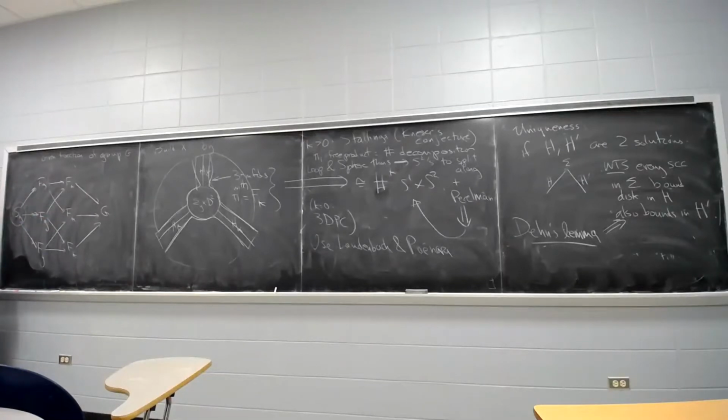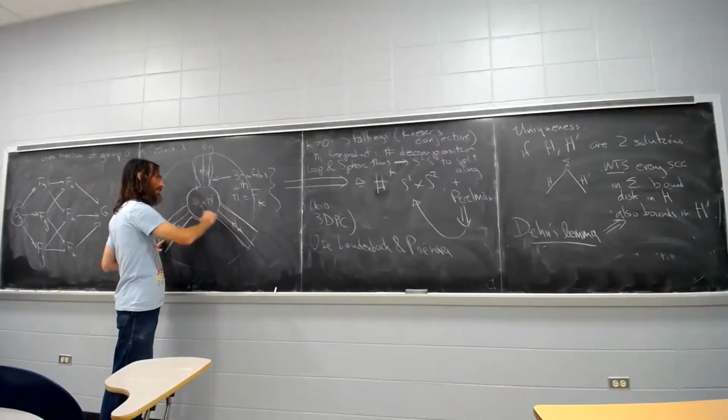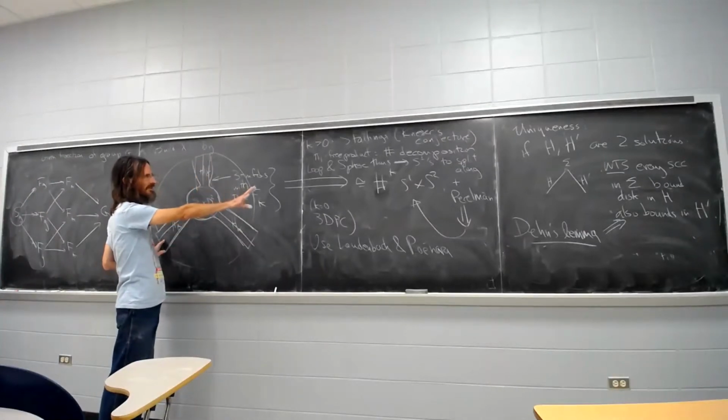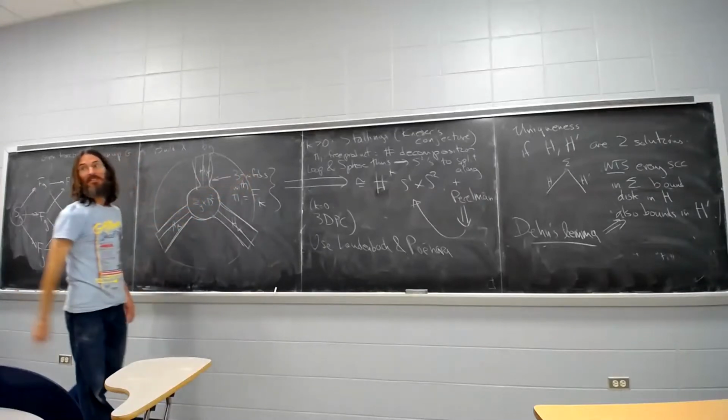But that's almost obvious. The diffeomorphism will happen. We know the surface will be the same, and then the handlebodies will be too. I guess that really does boil down to that uniqueness as well.